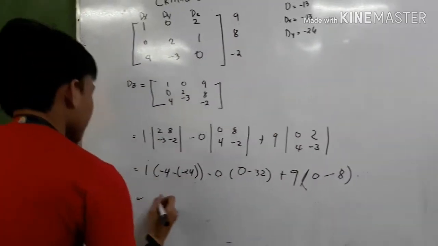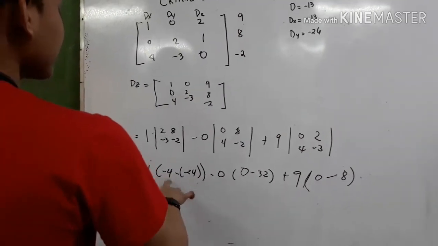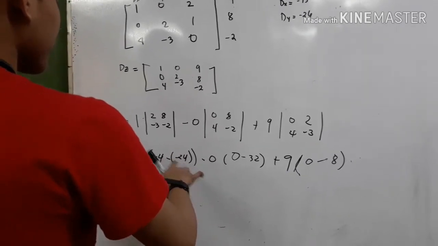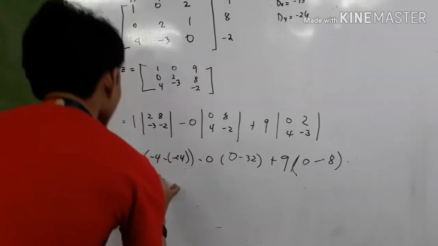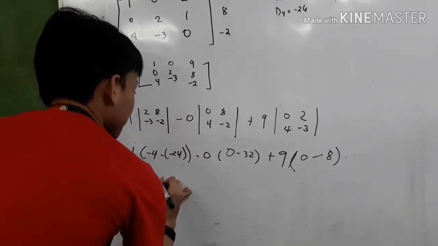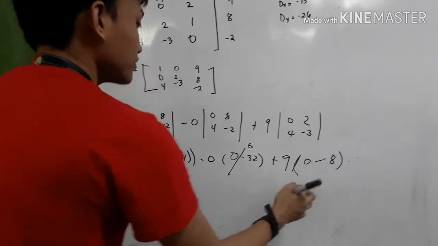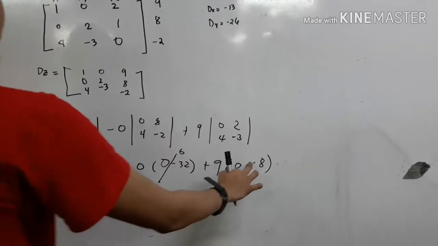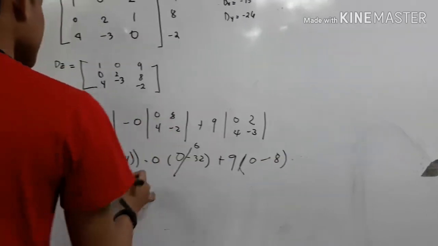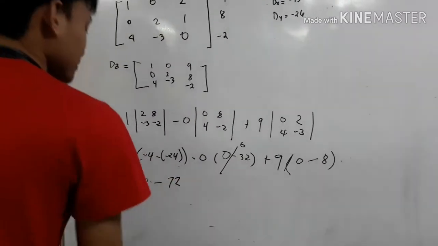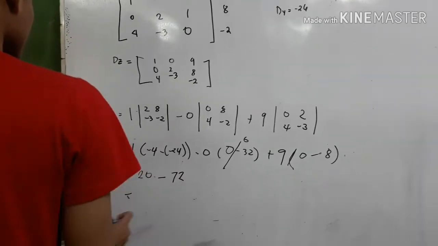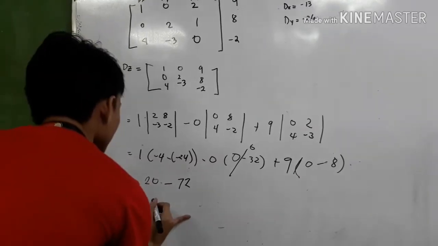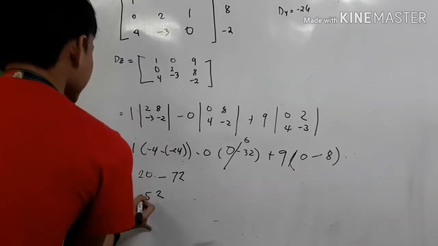So let's compute. So negative 4, since it is negative, it will become positive. So 24 minus negative 4 is equal to 20. Since it is equal to 0, then 0 minus 8 is negative 8. Then negative 8 times 9 is 72. Minus 72. So 72 minus 20 is equivalent to negative 52.